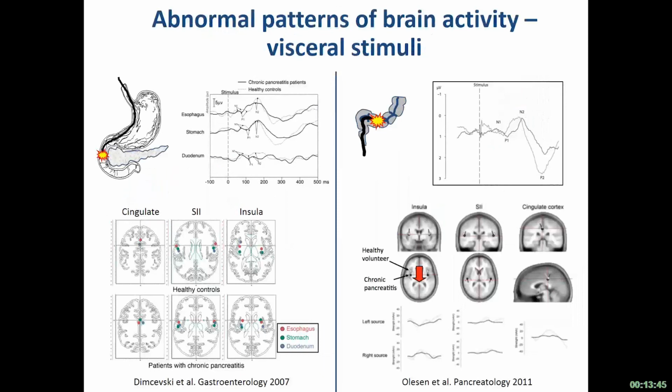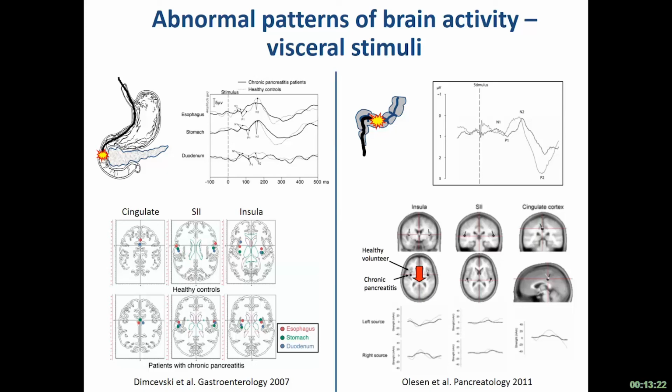For example, again, the same experiments as we saw before with electrical stimulation of the upper and lower gut. Simultaneously with these stimulations, we recorded the evoked brain potentials in the patients, and were able to see that in chronic pain patients we have an exaggerated response in the evoked potentials, probably again reflecting central sensitization and integration.